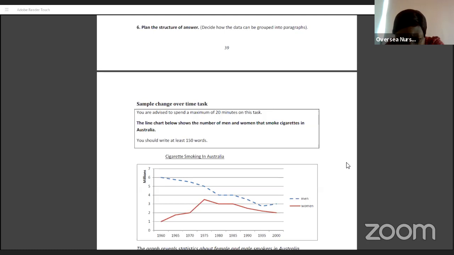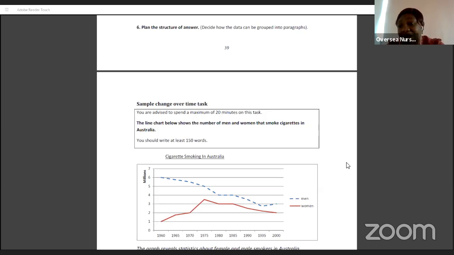Its lowest point was what now? The lowest point, let me see, approximately 2.7 million, then it increased a little bit up to 3 million in the year 2000. One paragraph is gone.